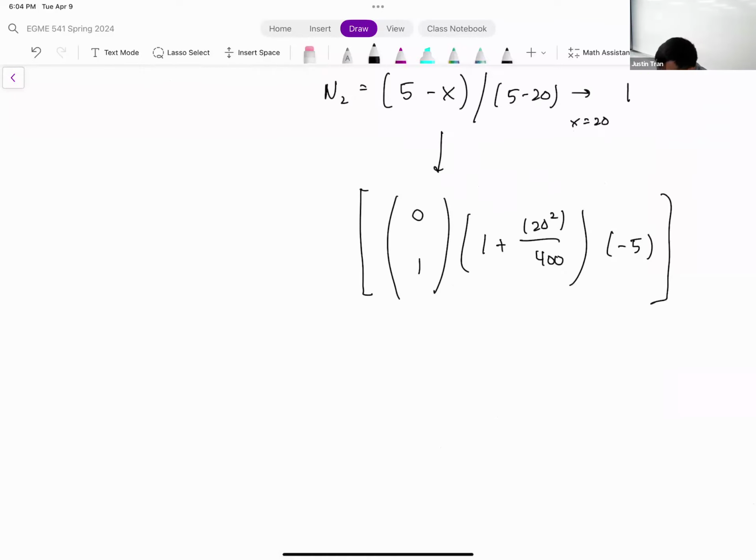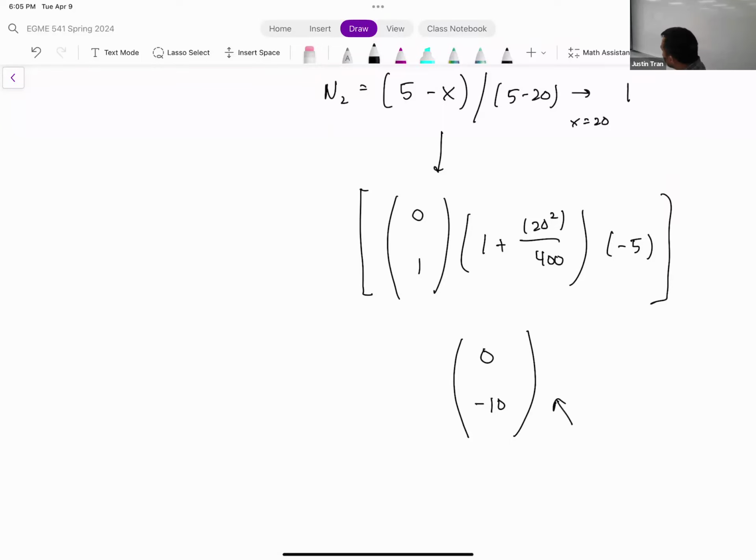And so we perform this out, we get a vector here. Top term is going to be 0 because 0 times anything is just 0. And then on the bottom there, we have a 1 times 2, because the area function 1 plus 20 squared over 400 is just going to be 2, times 5, which is going to be -5. Or excuse me, -5 times 2 is -10.